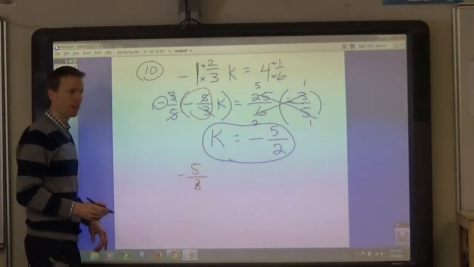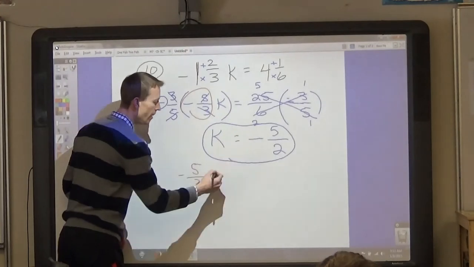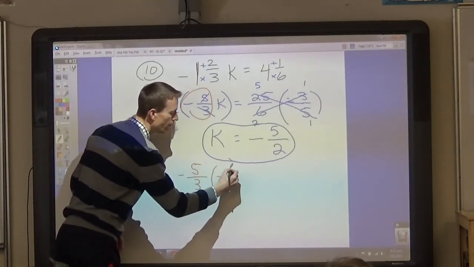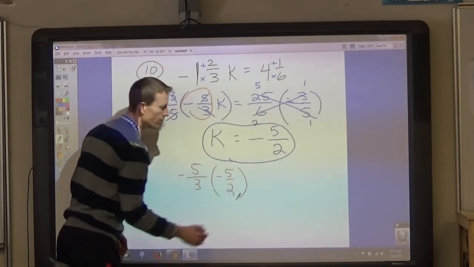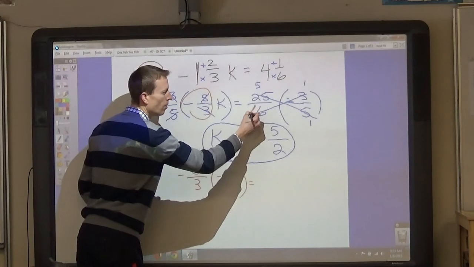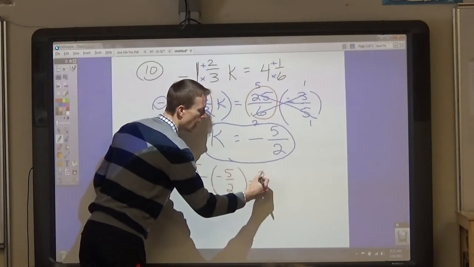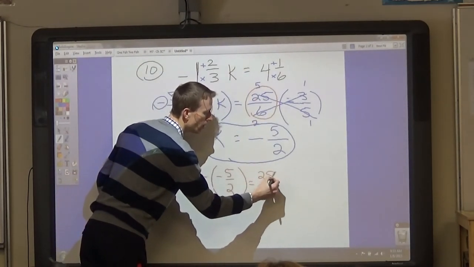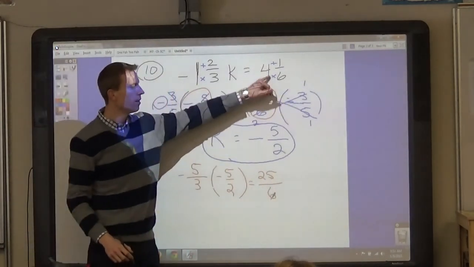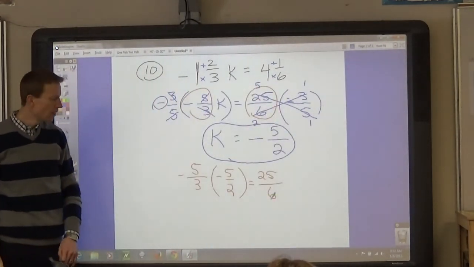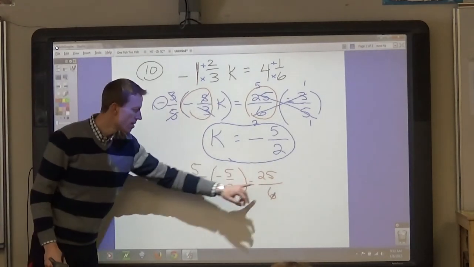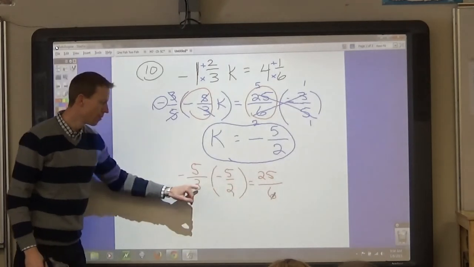Then we put in the solution for k times negative 5 over 2. And that should equal 25 over 6. Positive 25 over 6, right? Does that check? Negative, negative, positive. 5 times 5 is 25. 3 times 2 is 6.